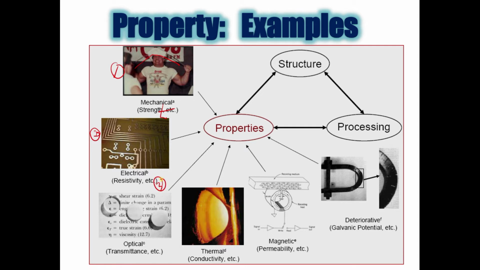Third, the optical properties, where you can have a transparent, translucent, or opaque material. Fourth, how the material behaves with heat, or thermal properties. Fifth, how the magnetic properties are utilized in terms of data storage. And sixth, how this component experiences cracking due to the chemical attack by the seawater.